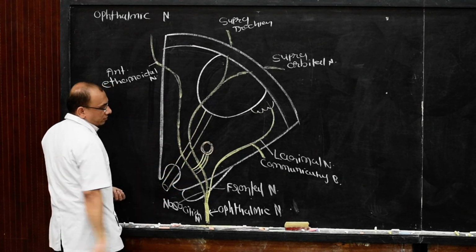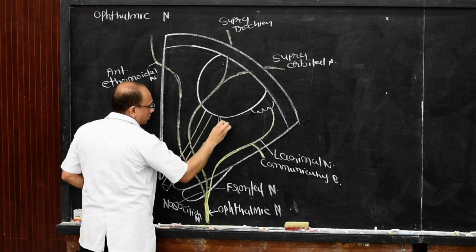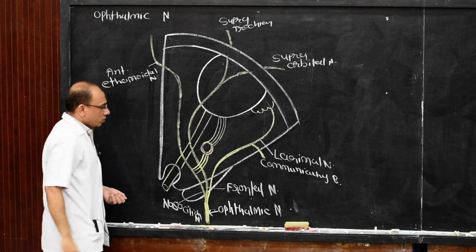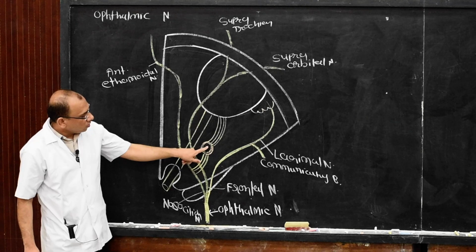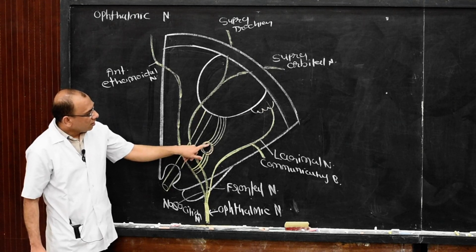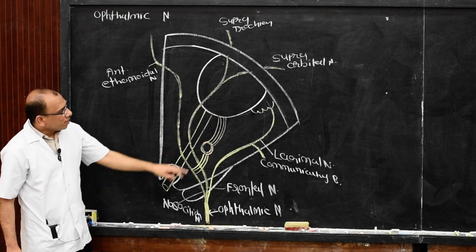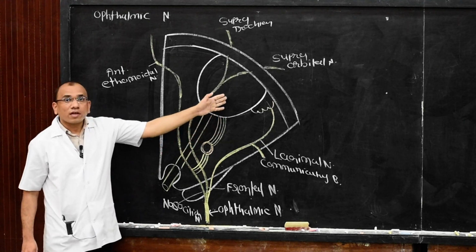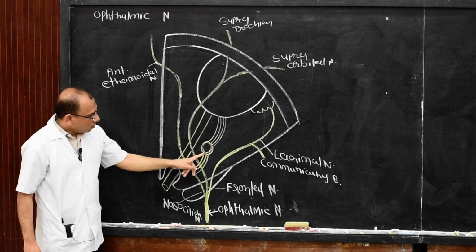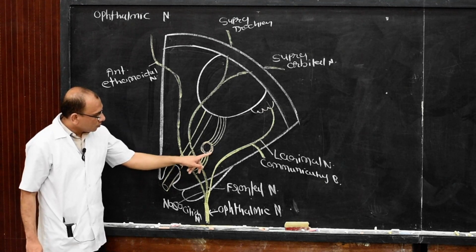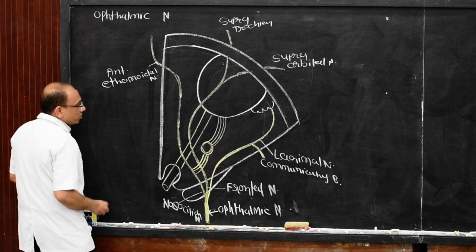This one is the ciliary ganglion, and from the ciliary ganglion, the short ciliary nerves. So the nasociliary nerve gives the communicating branch which communicates with the ciliary ganglion, and without relaying in the ciliary ganglion, it passes through the short ciliary nerves and brings different types of sensation from the eyeball, particularly the iris, cornea, and ciliary body. So this is the sensory root of the ciliary ganglion, the communicating branch.